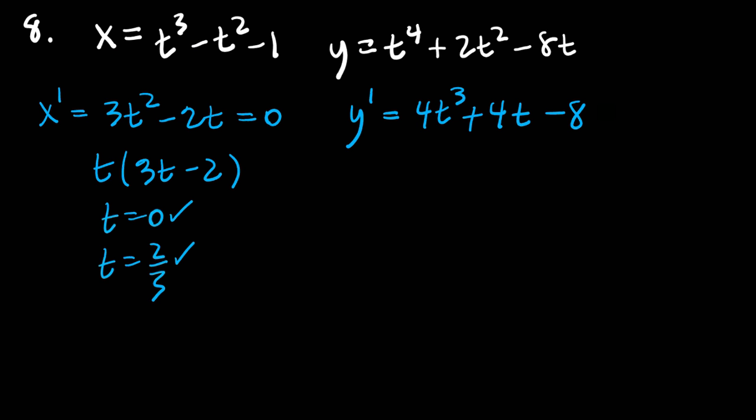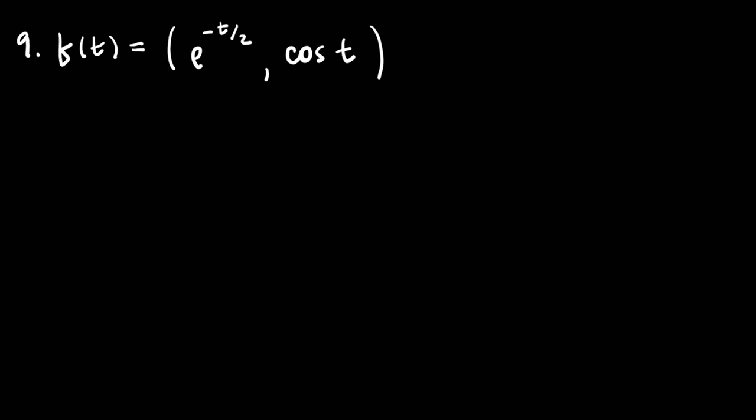Okay, number 9 is going to be f being e to the negative t over 2 and cosine of t, and we're just going to find the second derivative. So we're going to start by rewriting e to the negative t over 2. If you're not sure what to do with that, we're going to call that e to the negative 1/2 t and cosine t.